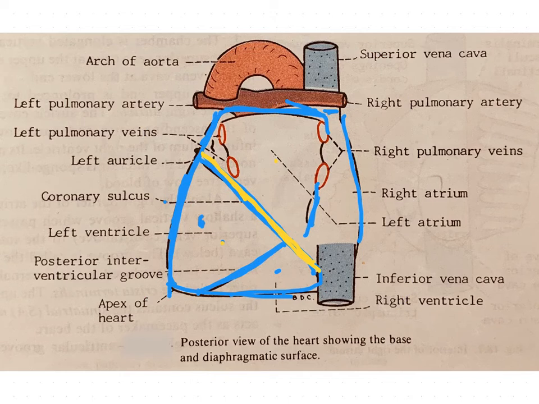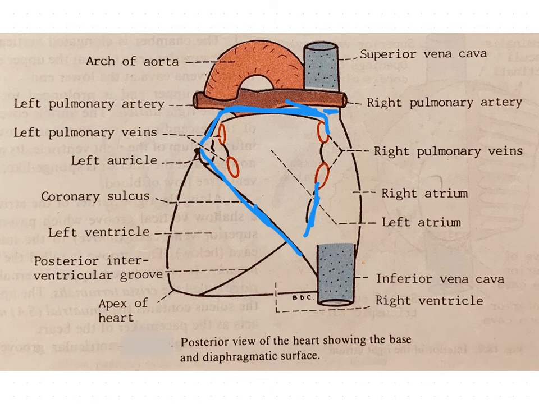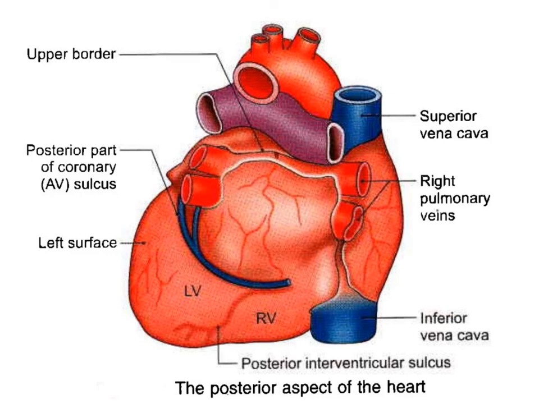Now the same features we are going to see in the oblique position of the heart. Okay, yes, this is the oblique placement of the heart, that is the posterior aspect of the heart. Here you can see the structures again.